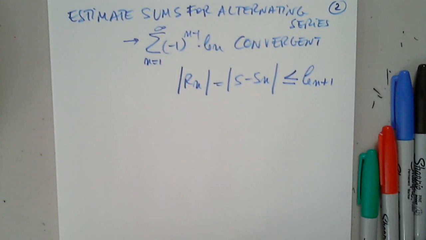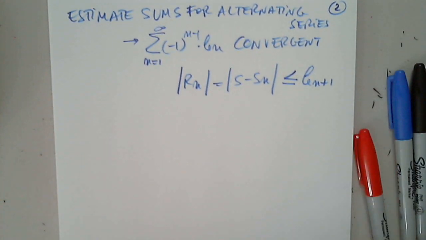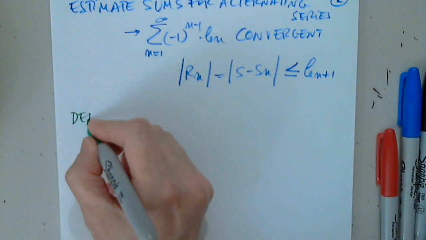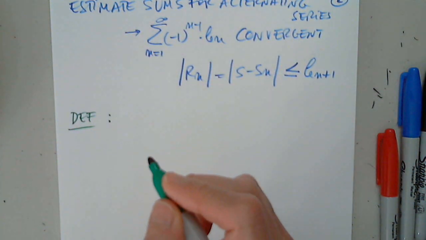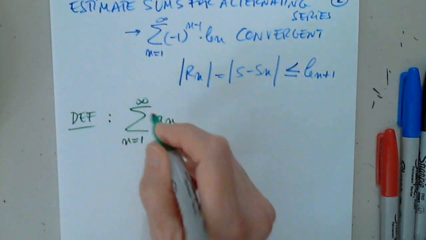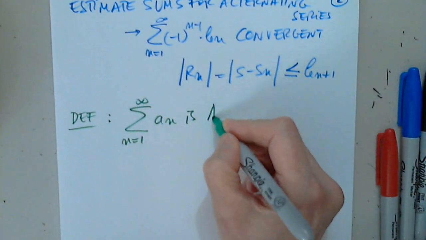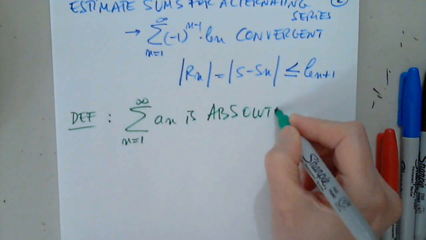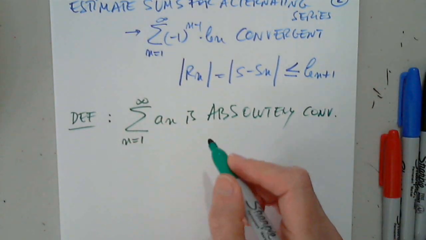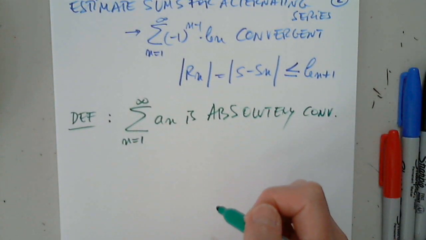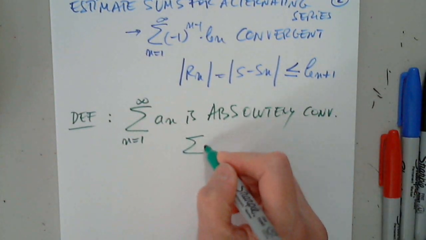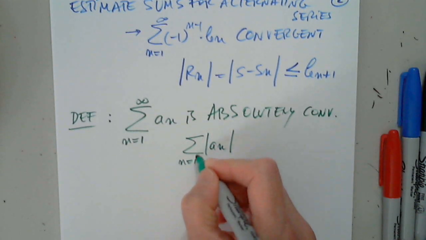We also have two definitions here to mention, and then we can jump into different situations and problems. So definition. First of all, if this alternating series is absolutely convergent, it means that this is convergent.